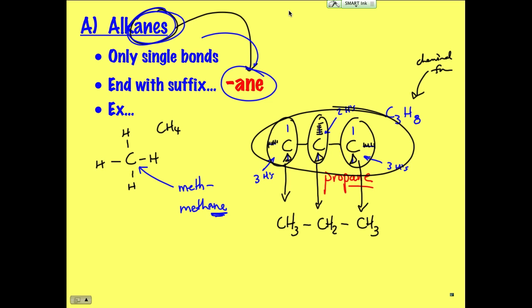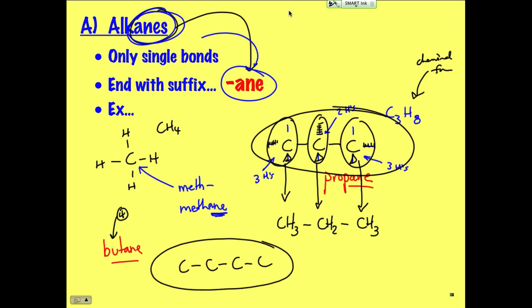So again, if I wanted to draw butane, how many carbons would I need? 4, because but tells me 4. So 1, 2, 3, 4, and that's it. You don't have to go ahead and draw any of the hydrogens. We'd know how many there are around. There'd be 3 on each of the end ones, right? And then 2 on the middle ones. So that's butane.